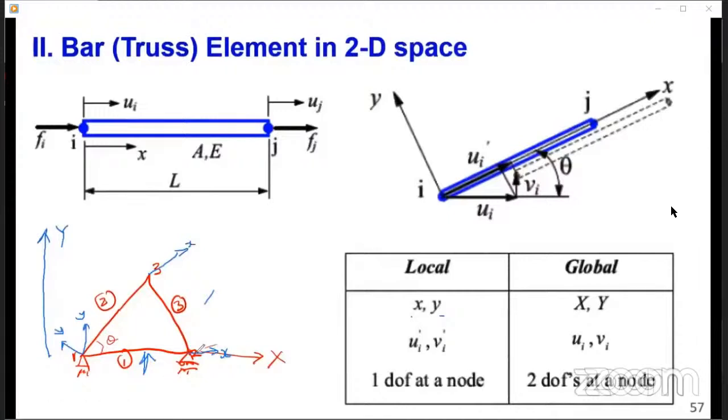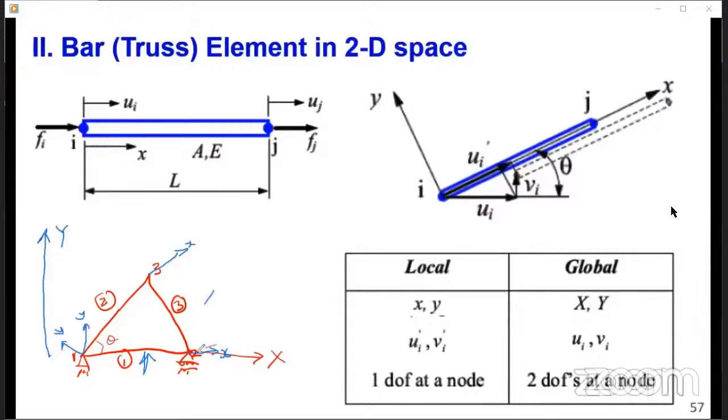Therefore, when we come to the assembly stage, we are assembling the stiffness matrices of individual elements, called the element stiffness matrices, to get the global stiffness matrix. Assembly is just a matrix operation, which is addition. To add, we have to add them when they are in a common system.